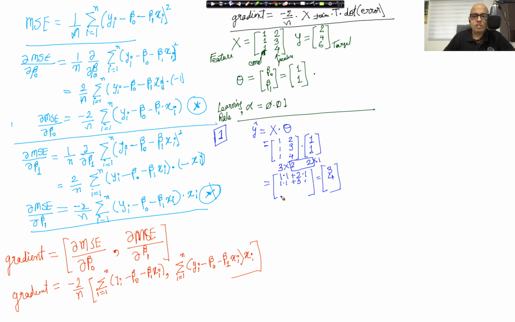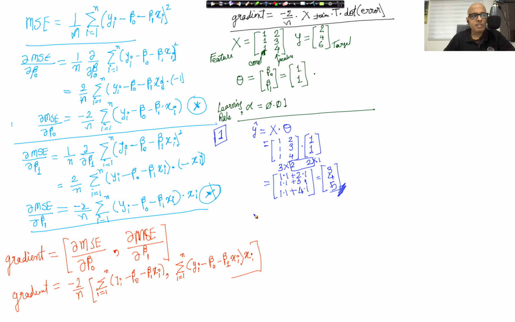The last one is 1 multiplied by 1 plus 4 multiplied by 1, and that becomes 1 plus 4, that is 5. So in this case, our predicted values are 3, 4, and 5, right?